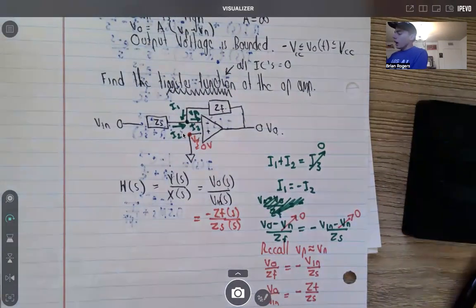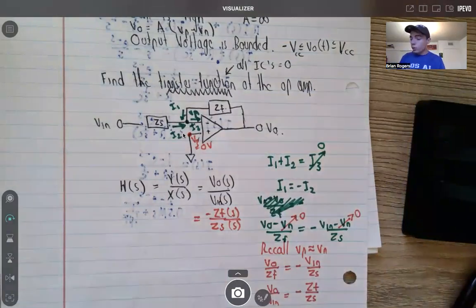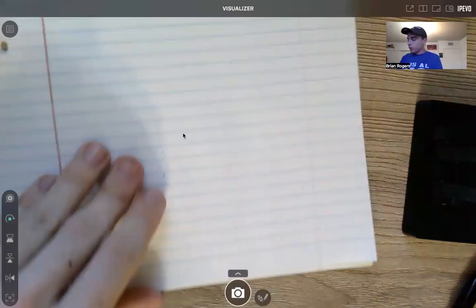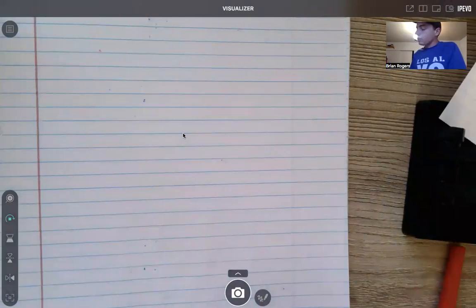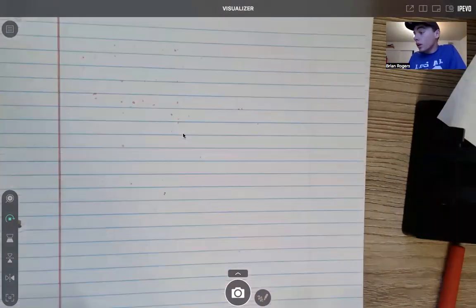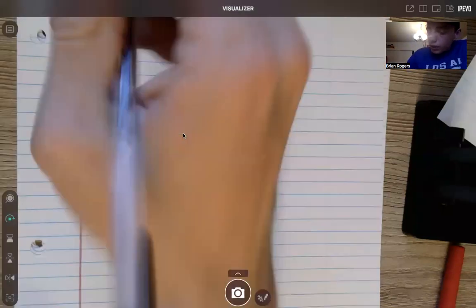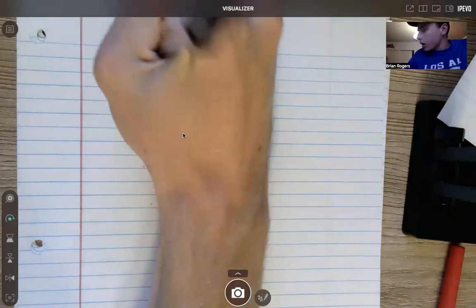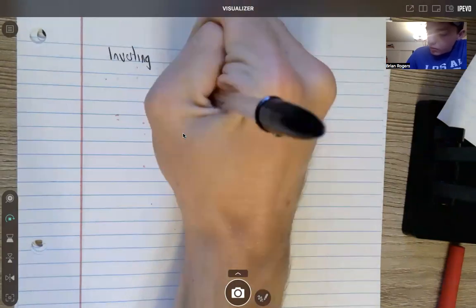And so the basic op amps that you need to be familiar with when we're dealing with these types of operational amplifiers, there are 3 main types. I guess 4 actually that I feel are necessary to know. He has only 3 here, but the inverting one is pretty popular. That's the one we just did, where we have a negative and a positive.